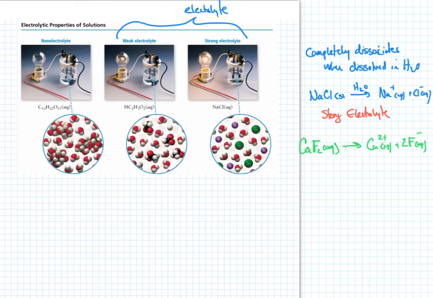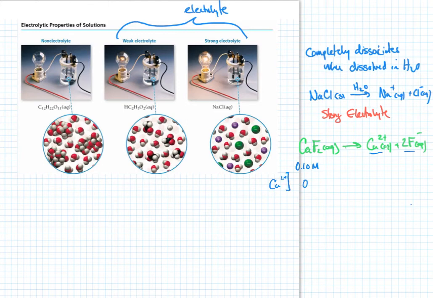This is a strong electrolyte, completely dissolves. So one thing we've got to be a little bit careful of when we're talking about stoichiometry is if this was a 0.1 molar solution of calcium fluoride, the molar concentrations of the calcium ions and the fluoride ions would not be the same. In fact, we'd need to do a little bit of stoichiometry if we wanted to find the calcium ion concentration.